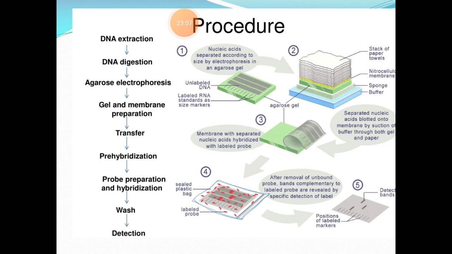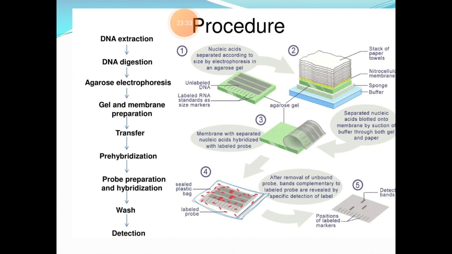Above that you place the nitrocellulose membrane of the same size, the yellow one in the diagram. Above that you put a stack of paper towels, and you leave the arrangement overnight. Then there is transfer of DNA bands from the gel onto the nitrocellulose paper.